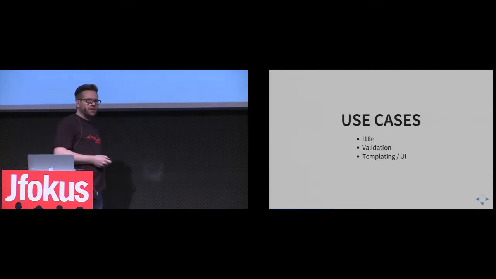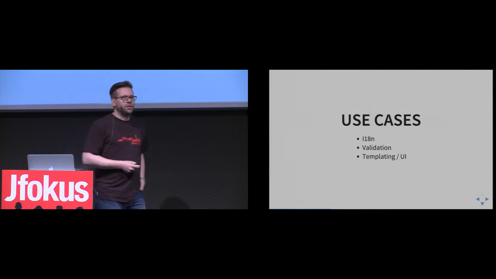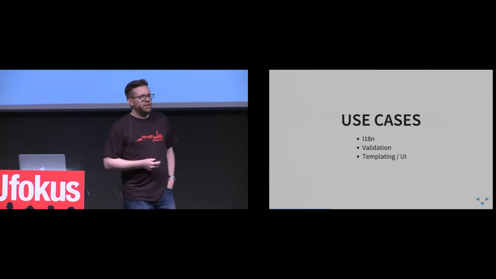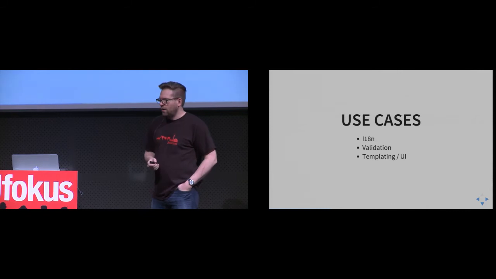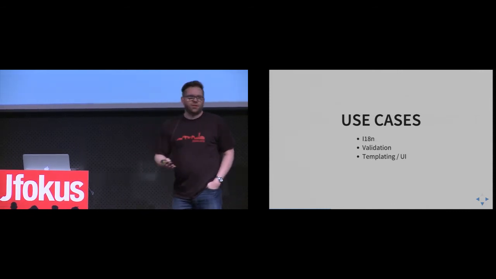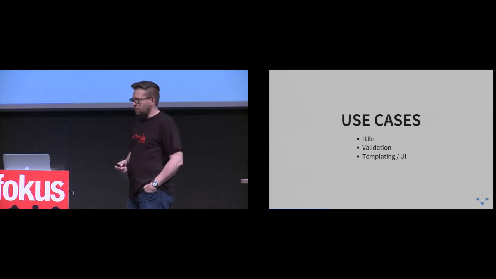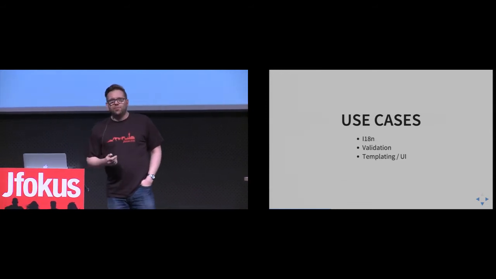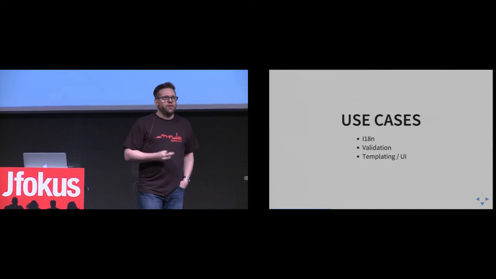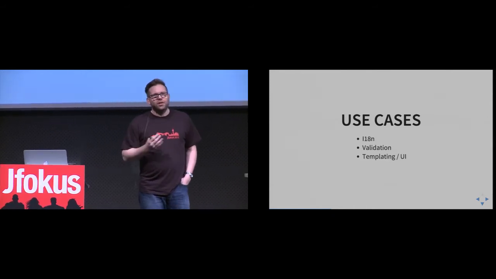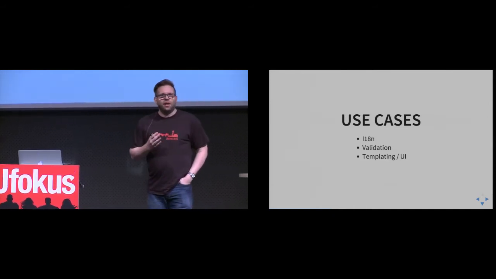And what are the use cases for isomorphic JavaScript? Of course, internationalization, using the same messages on the client and the server side. That's the easiest thing. Validation, input validation. Think if you have written a really complex validation algorithm for your website. This is based on JavaScript.